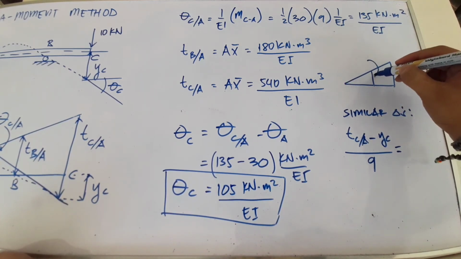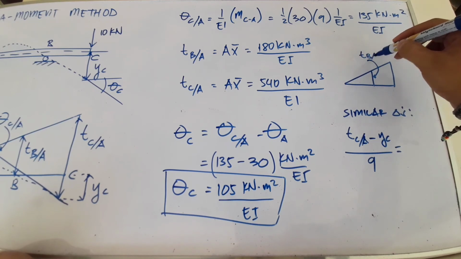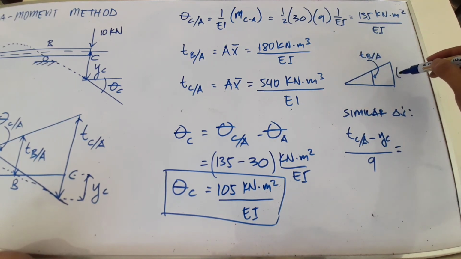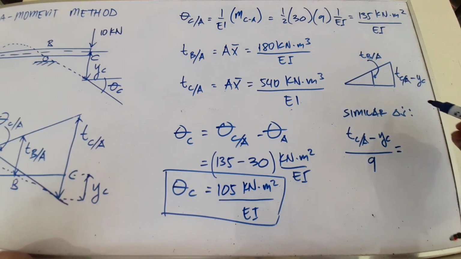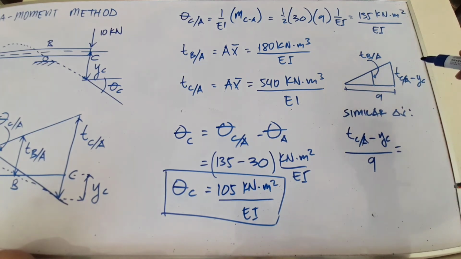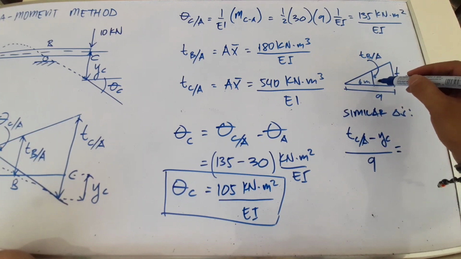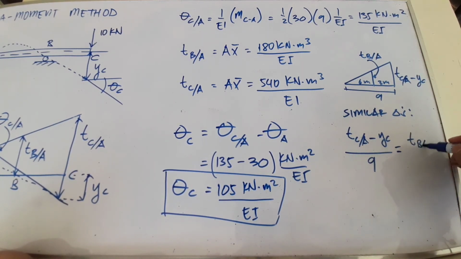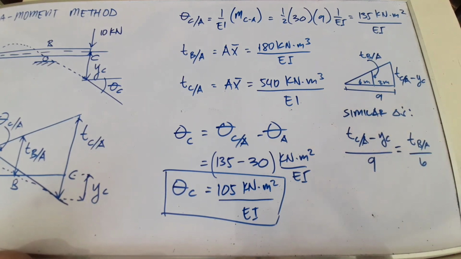So, meron tayong ito ay TB over A. Ito naman ay magiging TC over A minus YC, kasi ito yung YC mapunta dito. Okay? And this is 9 meters. Ito naman ay 6 meters. Ito ay 3 meters. So, mas maliit na triangle, you have TB over A divided by 6.